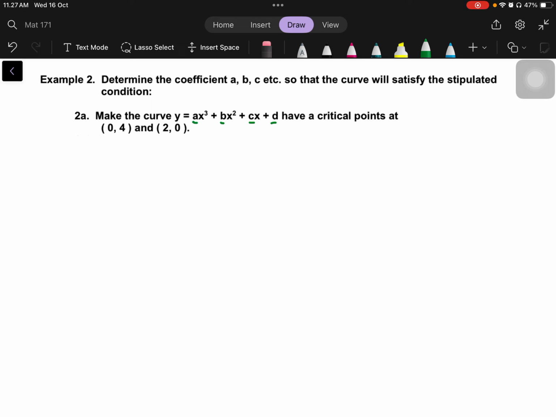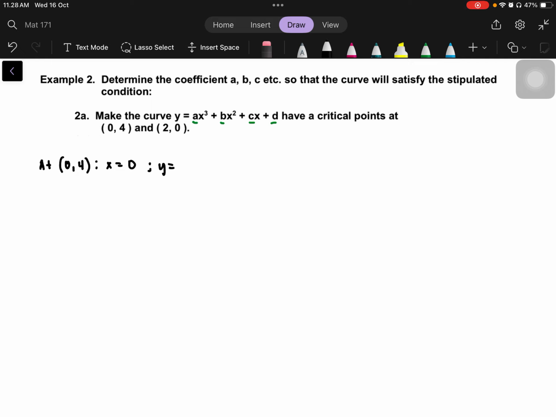Okay, so for the solutions, gamitin na muna natin yung mga binigay na ating points. Okay? So, di ba, ang ginagawa lang naman din natin, we substitute the given to the equation. So, try muna natin that at 0, 4. Yung una muna natin.